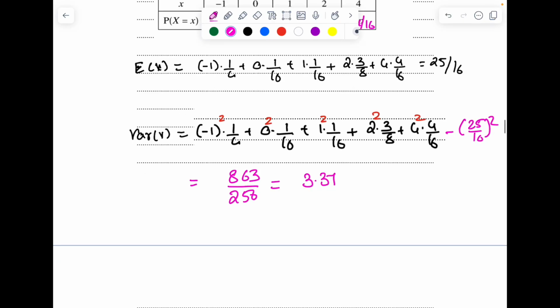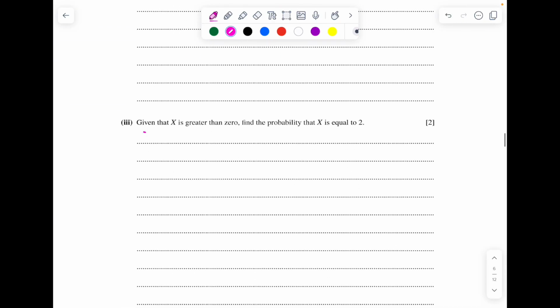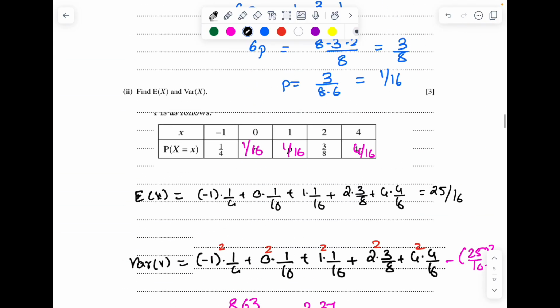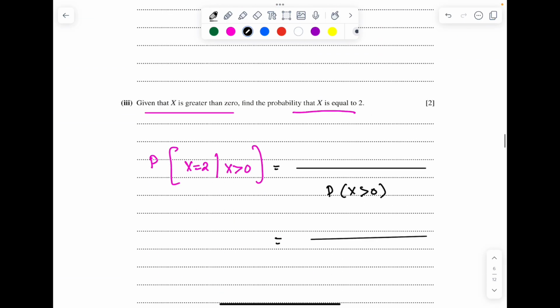Now, next one, given that x is greater than 0, so probability of x greater than 0, find the probability that x equals 2. So first of all, what's going to be the denominator? Denominator is probability of x greater than 0. So what is greater than 0? Greater than 0 is these three: 1 upon 16, 3 upon 8, 4 upon 16.